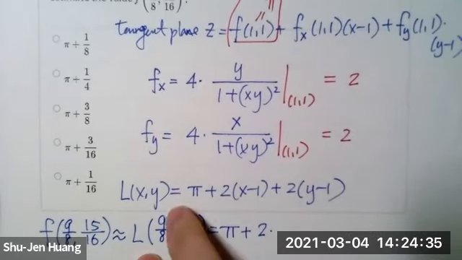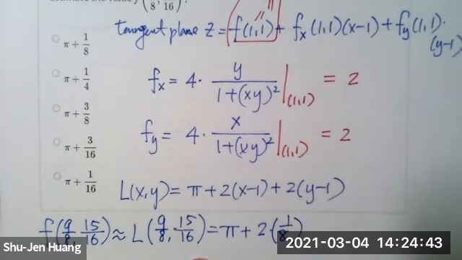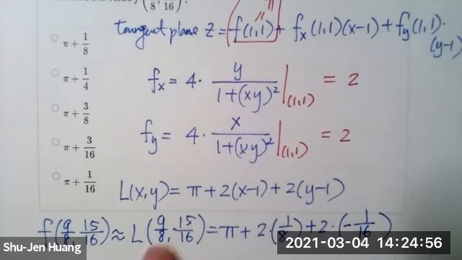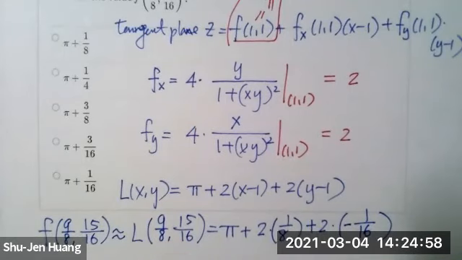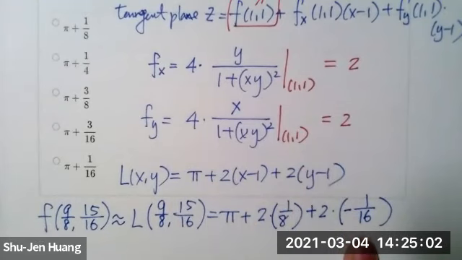9 over 8 minus 1 gives us 1/8. Is that good? And plus 2 times (y minus 1): y equal to 15 over 16, and when we subtract 1, we get negative 1 over 16. Even though the x and y values don't look nice, once we plug in, it's not that bad.